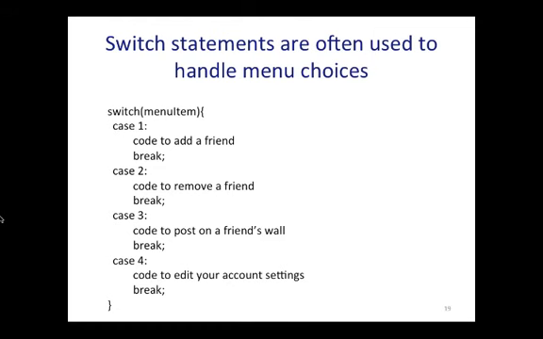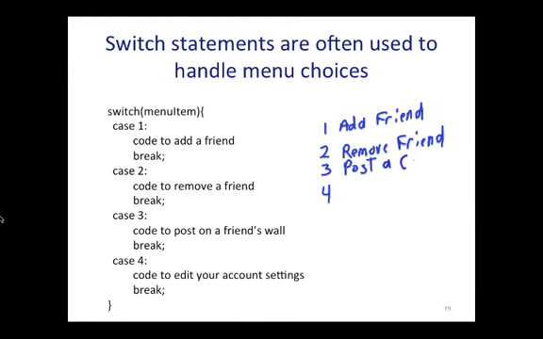And switch statements are often used for handling menus. So for example, I might have a menu in Facebook that has 4 options. 1, 2, 3, 4 might be add friend, it's option 1. Remove friend might be the second menu item. Option 3 might be post a comment.